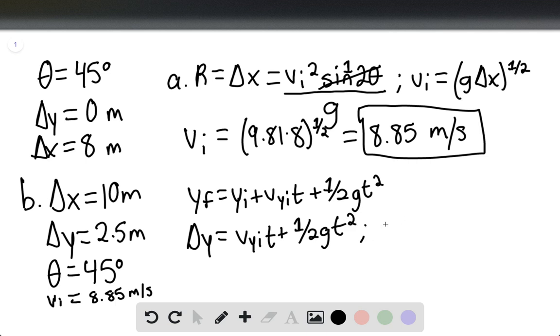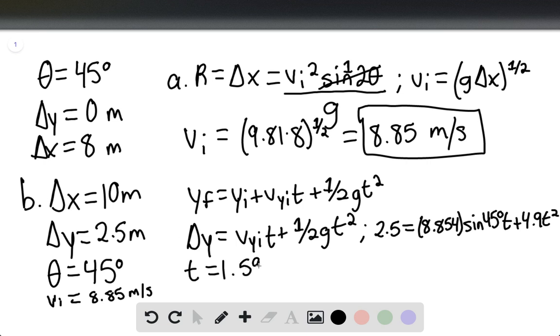Essentially, this will equal 2.5 equaling 8.854 sine of 45 degrees t plus 4.9 t squared. So here we know that t is going to be equal to 1.597 seconds.